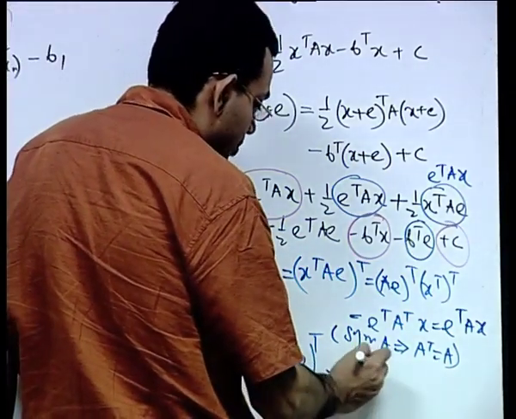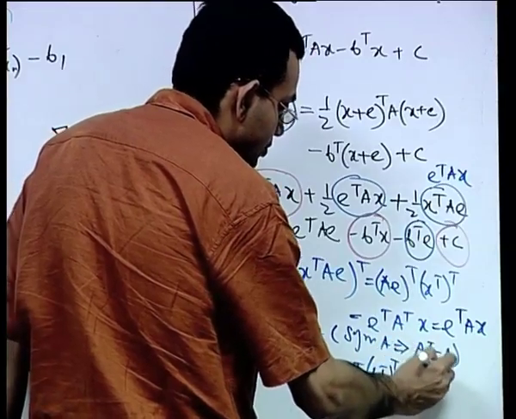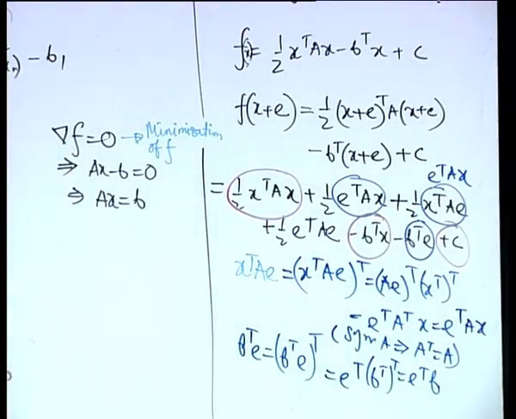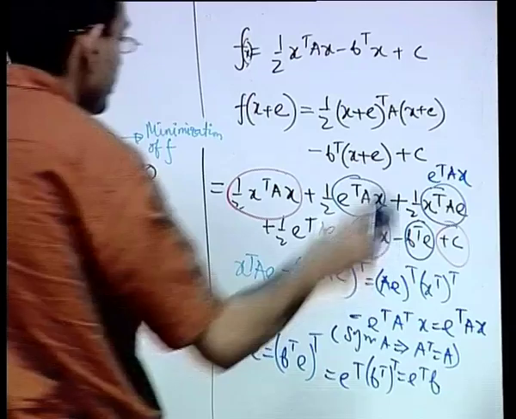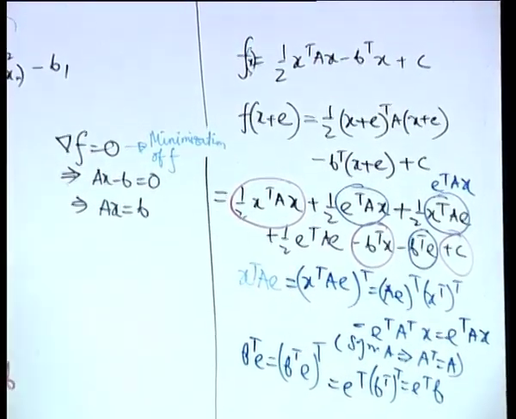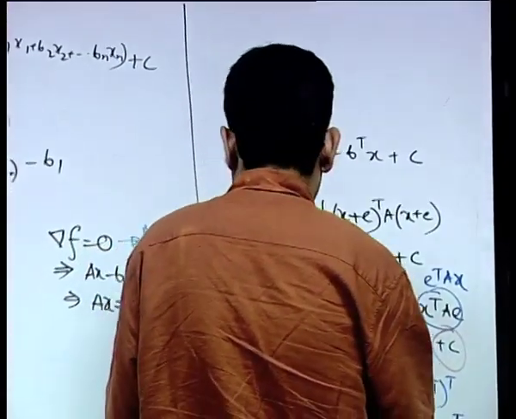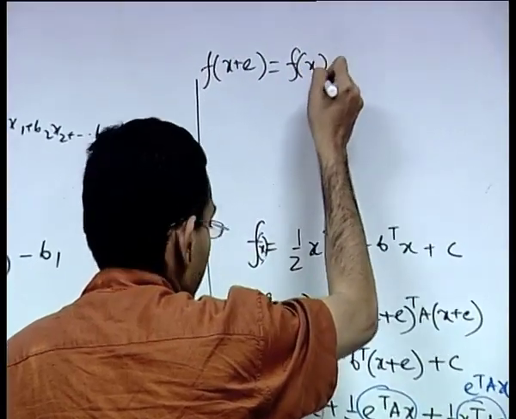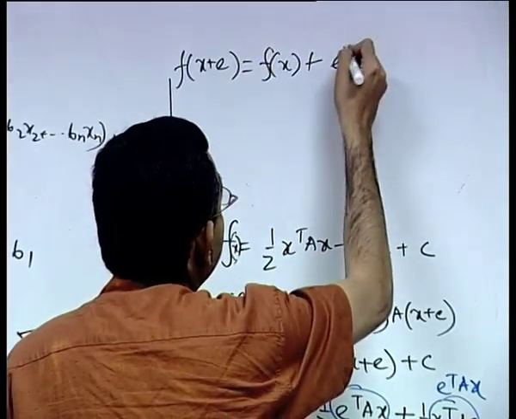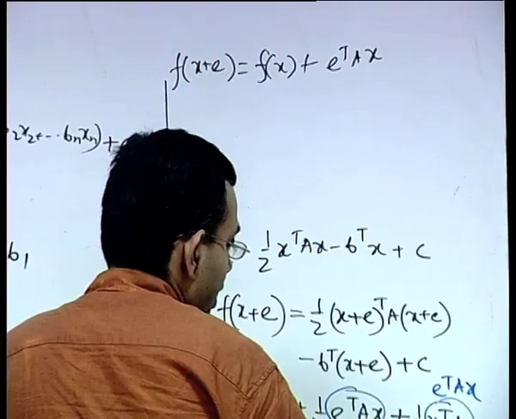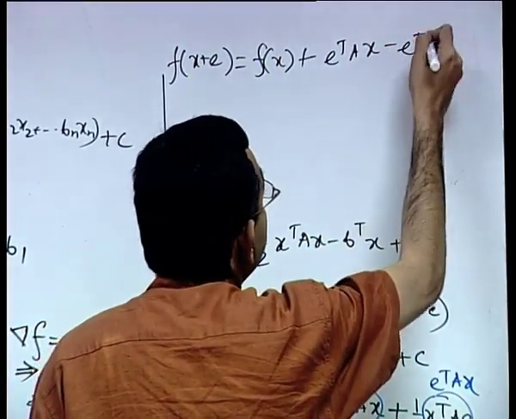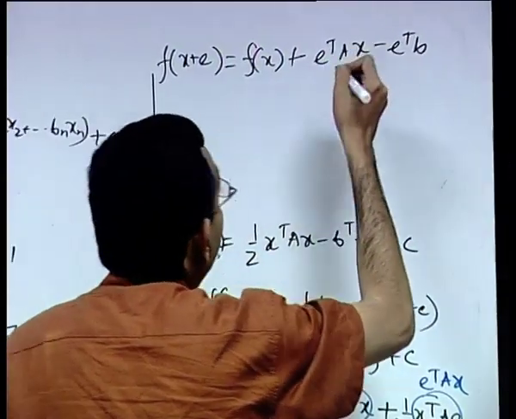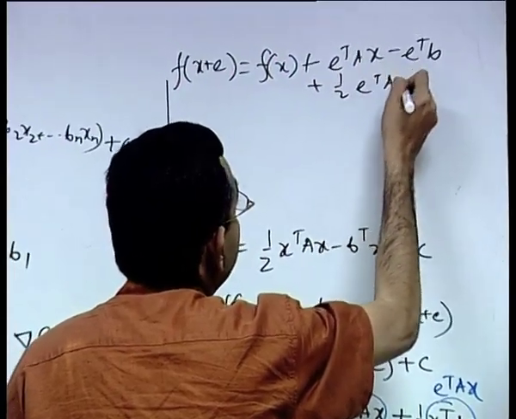So this is equal to E transpose B transpose transpose, so E transpose B. Now if you combine all these terms, we can write f x plus E equal to f x plus E transpose A x minus E transpose B plus half E transpose A E.